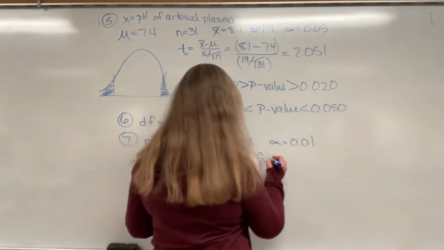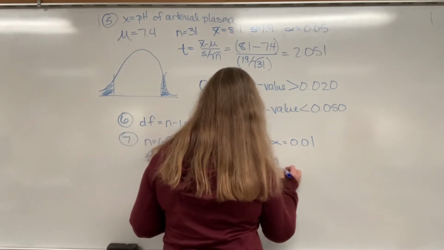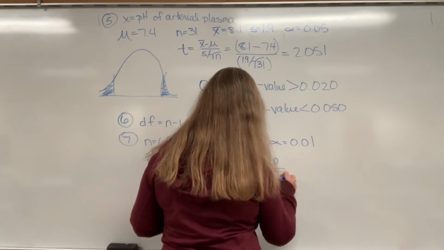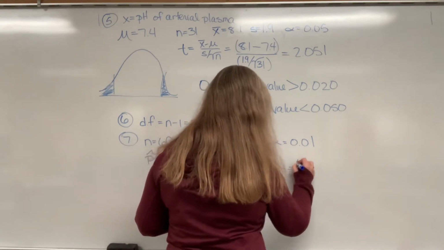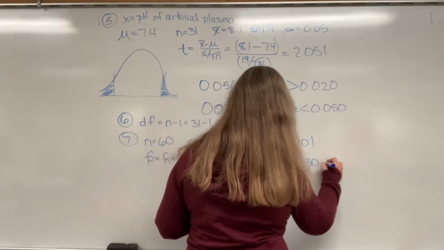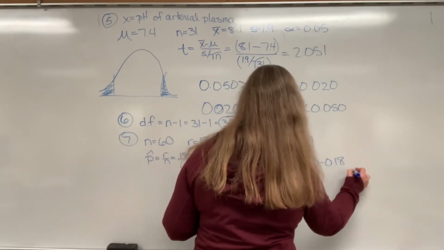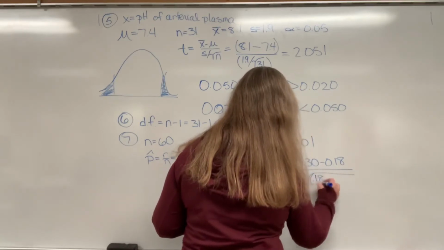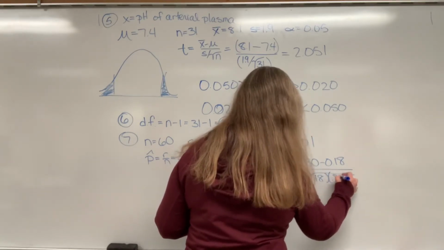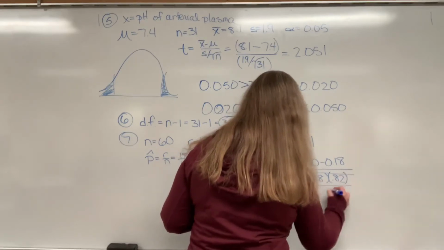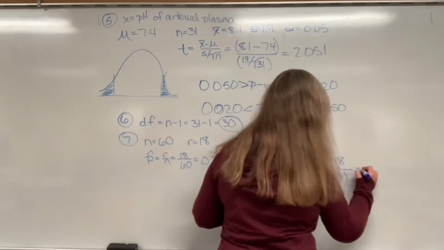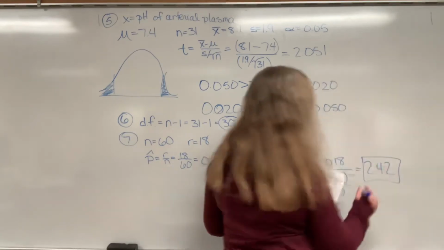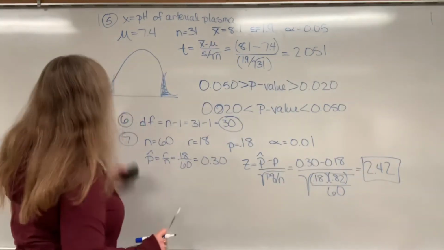So use z, p hat minus p over the square root of p times q over n. So 0.30 minus 0.18 over the square root of 0.18 times 0.82 over 60, which gives me a 2.42. That's what we're looking for, the value of the test statistic.